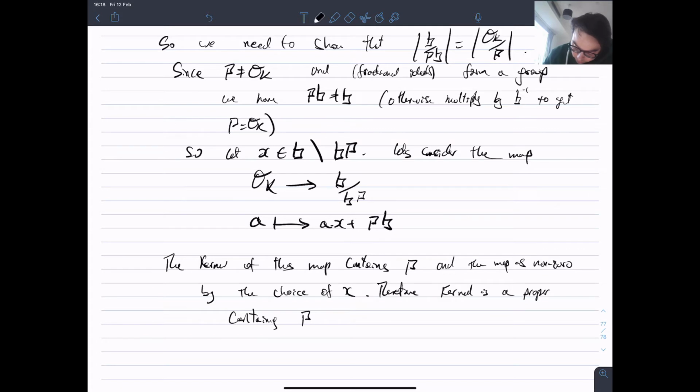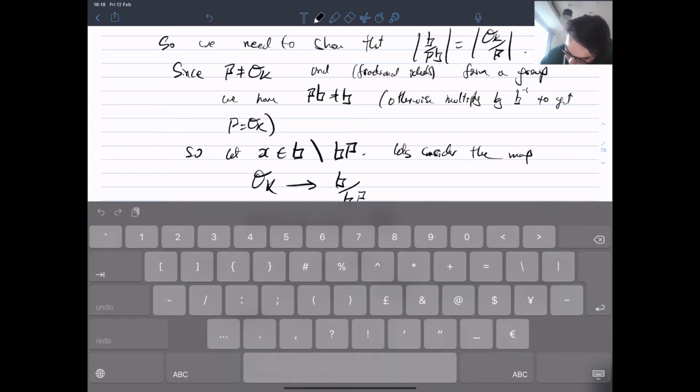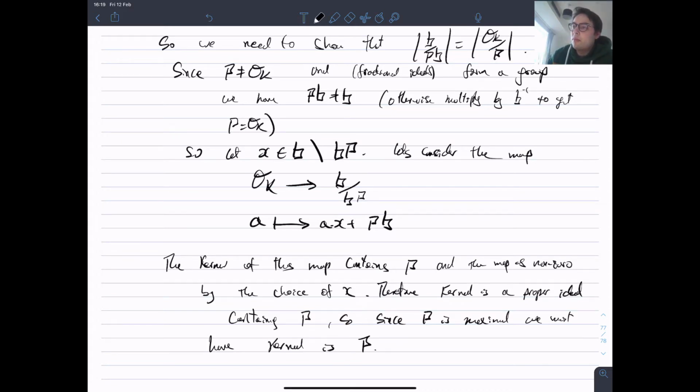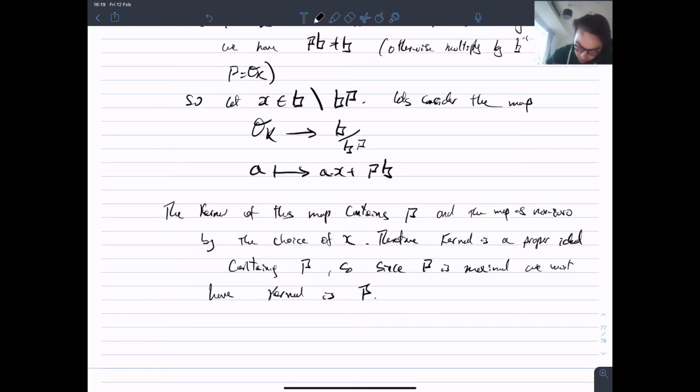The kernel is a proper ideal containing p. So since p is maximal, we must have that the kernel is just this ideal p. Therefore, this map is injective.